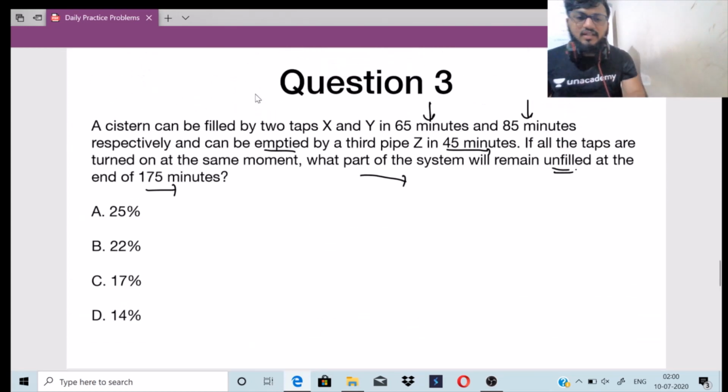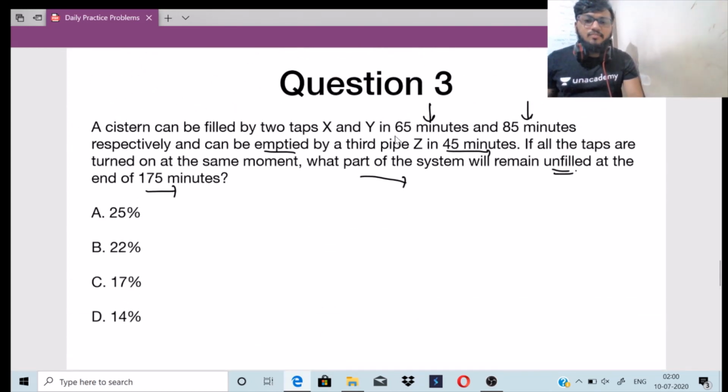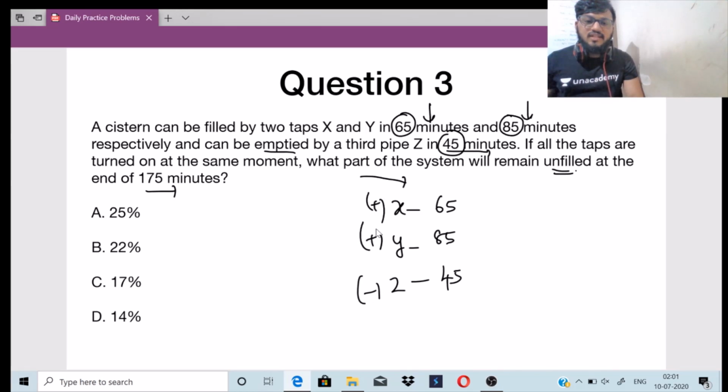So what are the things given to us, three times given to us? 65, 85 and 45, right? These are of three different types, x y z. So 65, 85 and 45, and z is a tank which is emptying, these both tanks are positive which are adding, right?